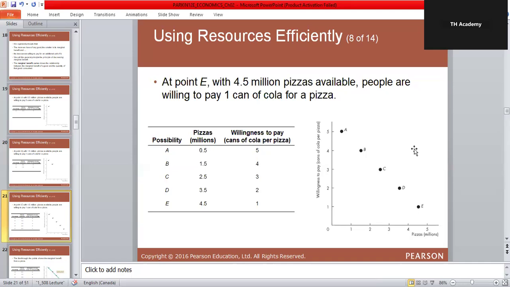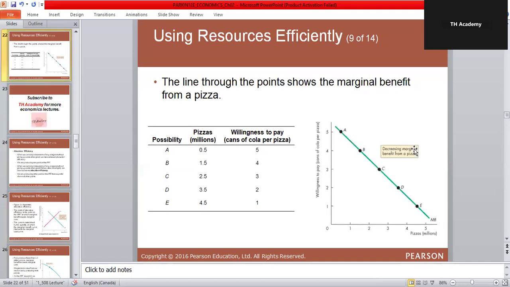As supply increases, people value each extra pizza less. So that's the marginal benefit curve. If you plot all these points, we get the marginal benefit curve. It shows how much people value additional pizzas as supply changes. So economists use this to decide production and understand consumers' choices.